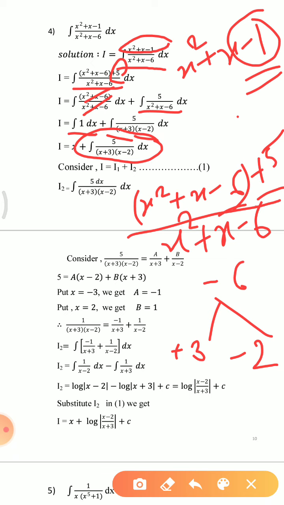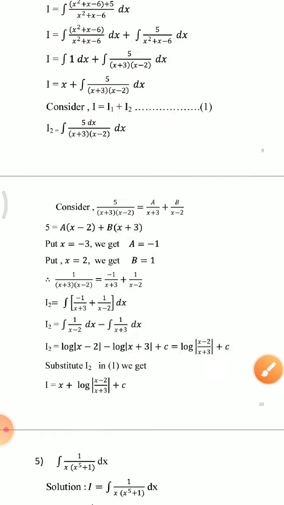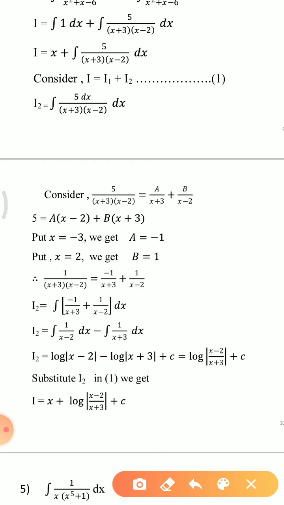Then we take I2, integral 5 dx upon (x + 3)(x − 2). This is in a rational form. We have to convert it into partial fractions. Consider 5/((x + 3)(x − 2)) = A/(x + 3) + B/(x − 2).